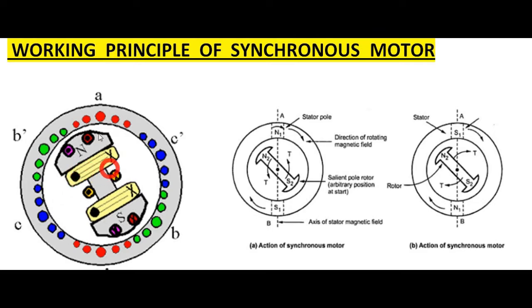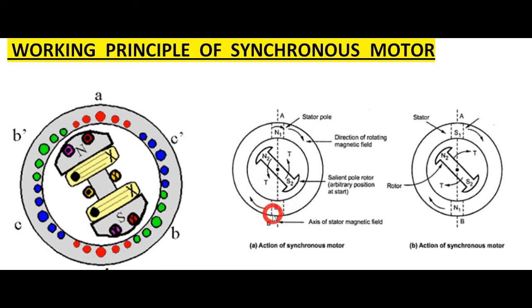The N and S poles are produced on the stator. Let the two poles be N1, S1, N2, S2. N1 is one pole and S1 is also one pole.